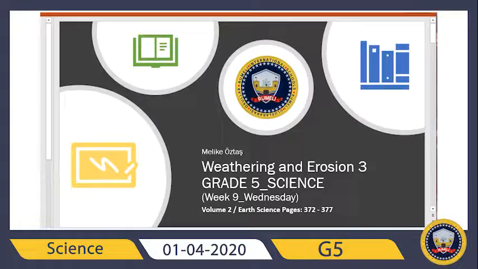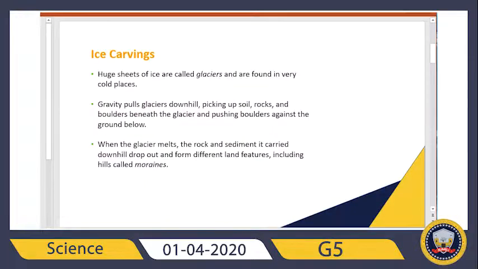We learned how water and wind cause erosion and weathering, and today we are going to learn how ice can cause erosion and weathering. Yes, huge sheets of ice called glaciers are found in very cold places, on top of the mountains, in cold countries, in polar regions.